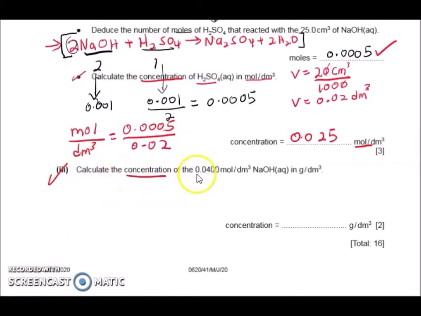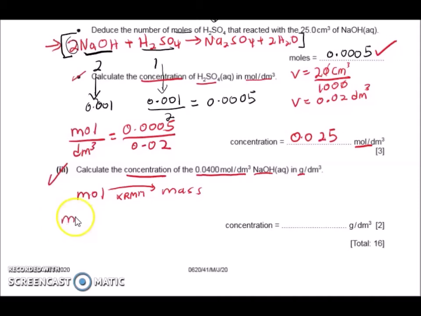Calculate the concentration of 0.04 mol/dm³ sodium hydroxide in grams. So based on the knowledge of mole to mass, to change this we have to multiply with the RMM. Same goes for this molarity.